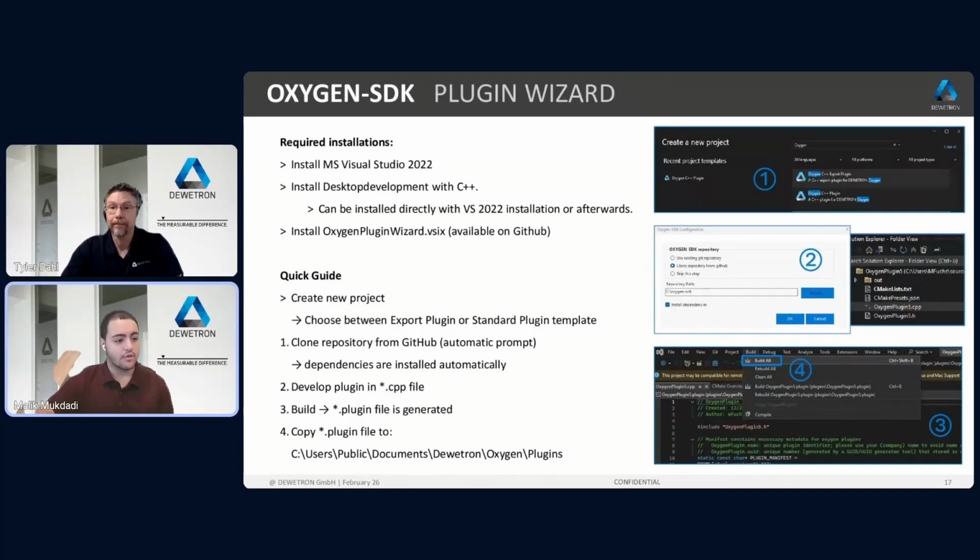We now have a plugin wizard, which is available on GitHub. You download it, you have Visual Studio installed with the C++ desktop development, you run the wizard, it sets up everything for you, and then you'll be able to create a new project using that plugin as a template. This will take care of all of the dependencies that are required, the compiler, and so on and so forth, so that whenever you build it and you're ready to start coding, you have a nice template to get started from.